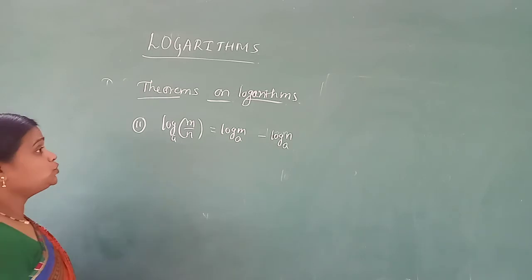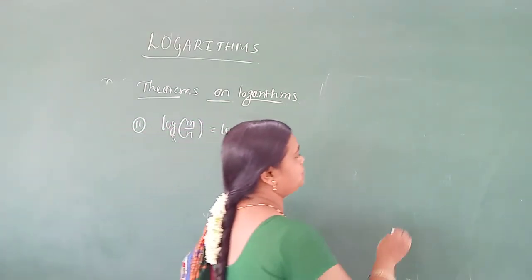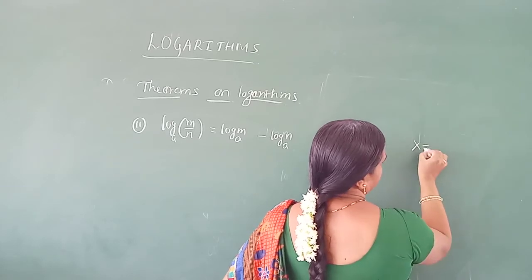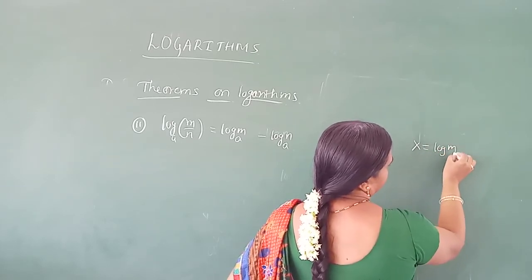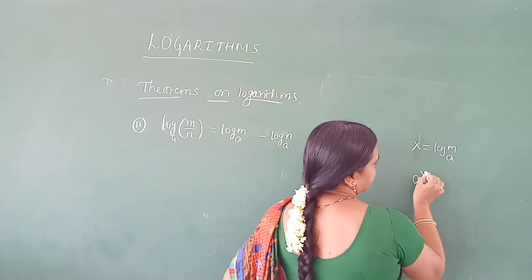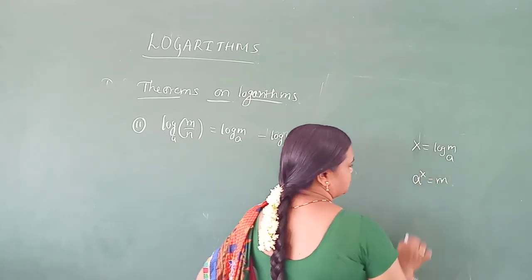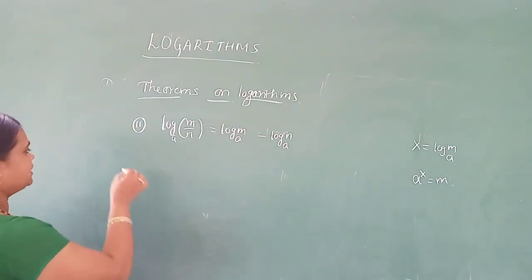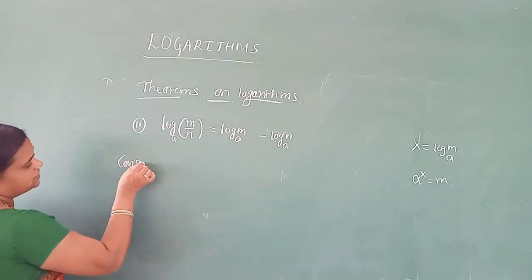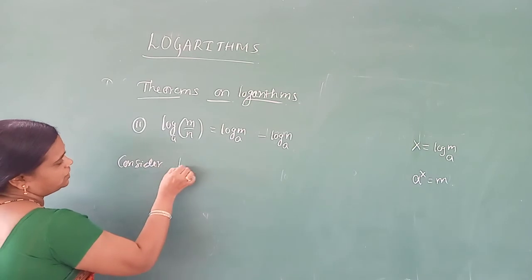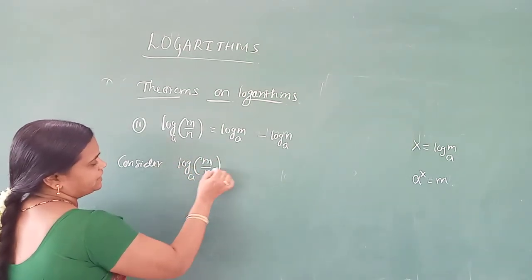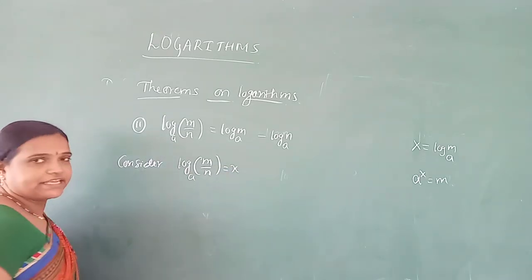As usual, a similar procedure. See, we have the formula: if x is equal to log m to the base a, then we can represent it in the form a to the power x equal to m, by the definition of logarithm. Consider log of m by n to the base a as x.